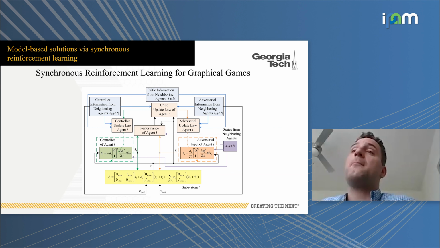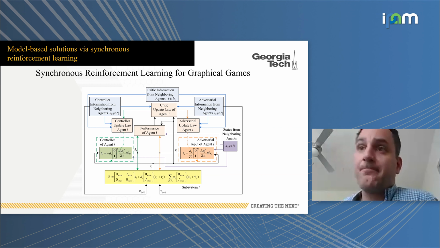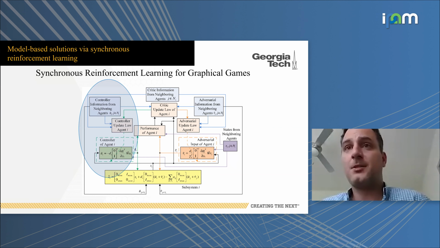We used that for double integrator dynamics, which can be in any dimensions that you want. Here these are the good players, and here are the bad players. You can think that I have 10 agents, and every agent has a good player and a bad player in its own subsystem.